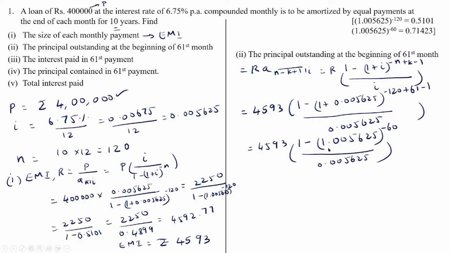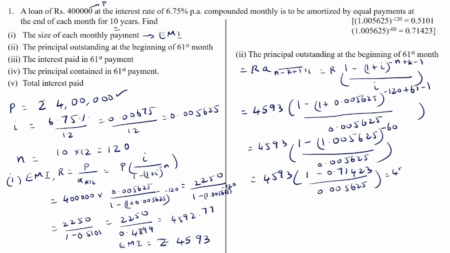So the value for this expression is given here. 1.005625 the whole raised to minus 60 is 0.71423. So it is 4593 into 1 minus 0.71423 upon 0.005625.